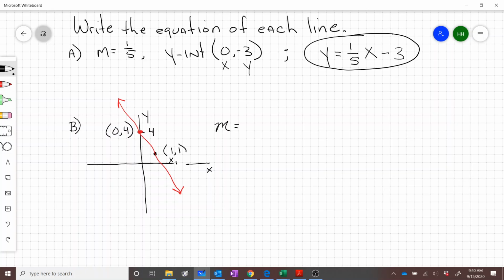Sorry about that. This second point would be our x sub 2 and our y sub 2.